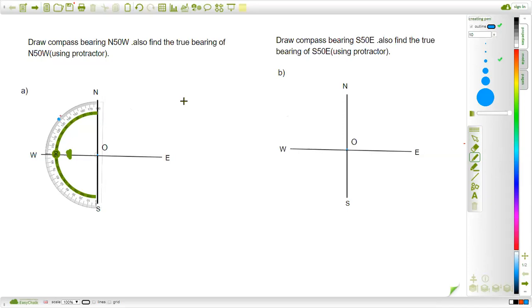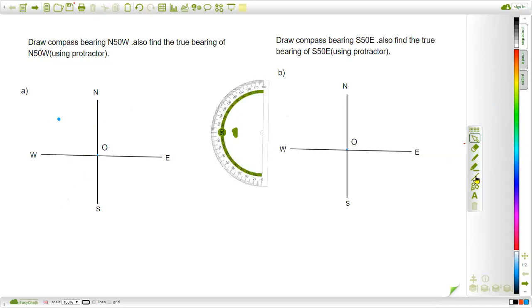This is the point which is at 50 degree from north pole. Let me remove this protractor and let's join. We have to join this point to the reference point. Here the reference point is O.